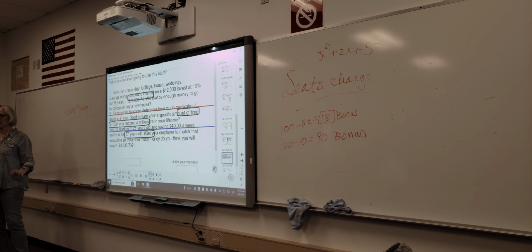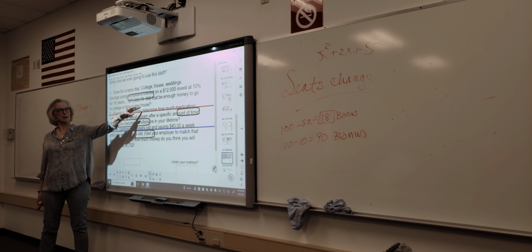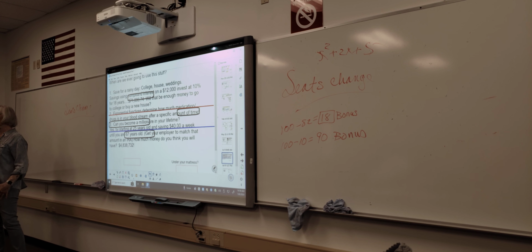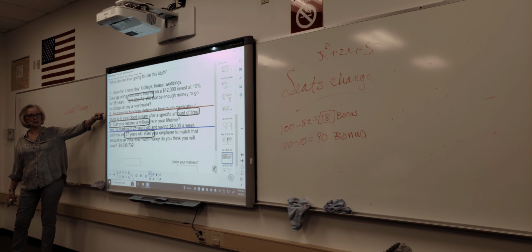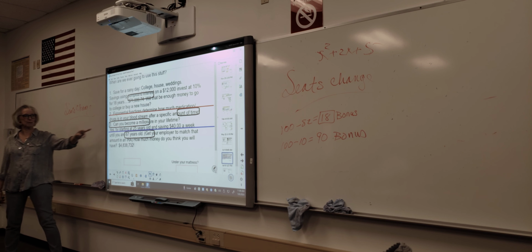No. Okay. Will he have enough money to go to college or buy a new house when he turns 18 and he doesn't want to go to college? Could. Exponential functions is also done in medicine. Okay, again, I've already explained the medicine piece.